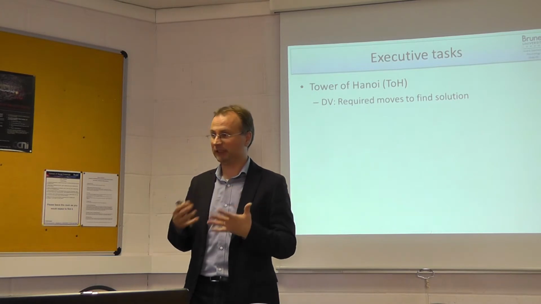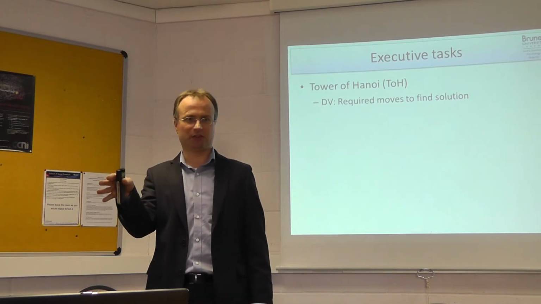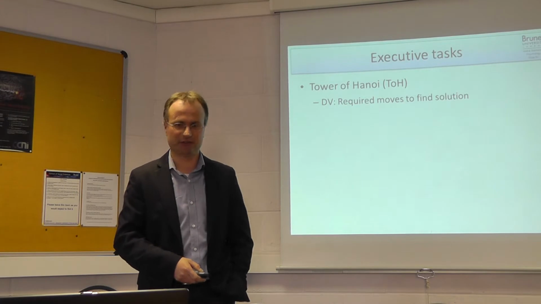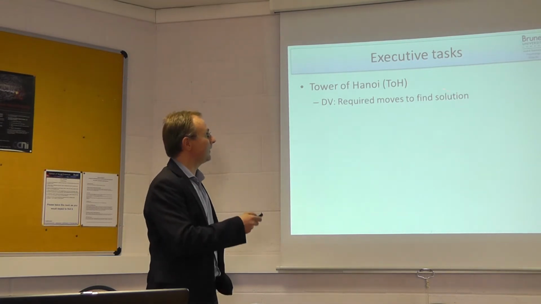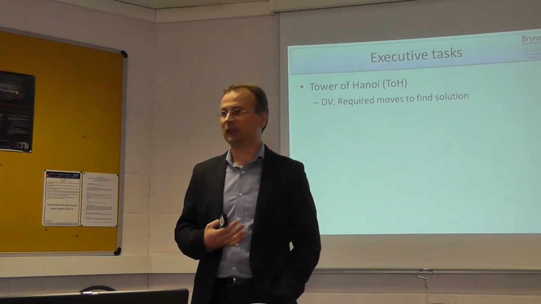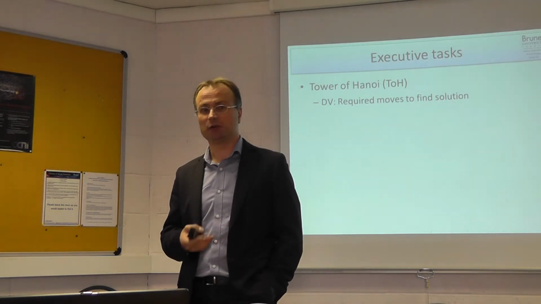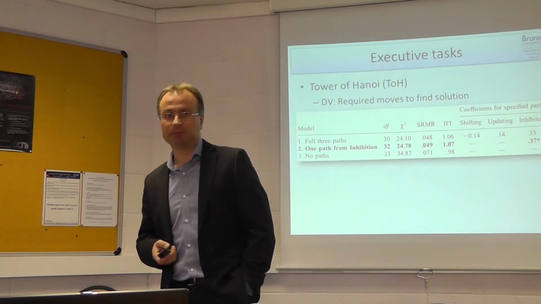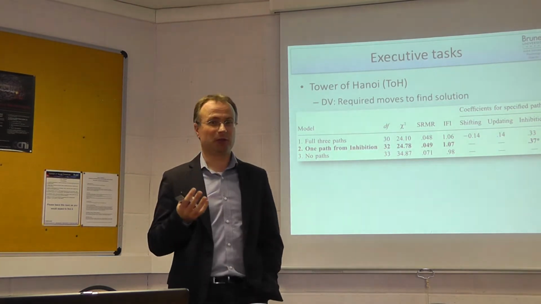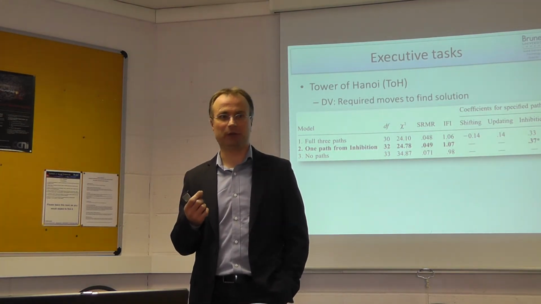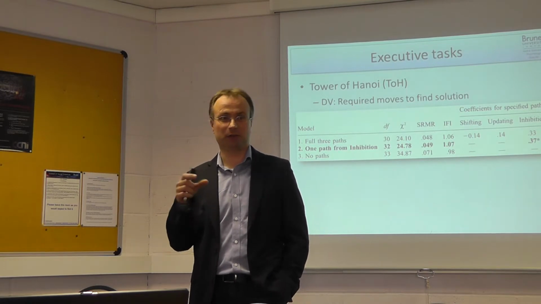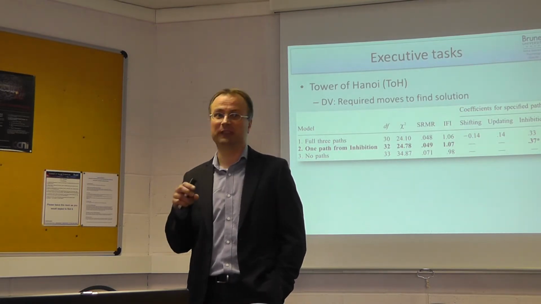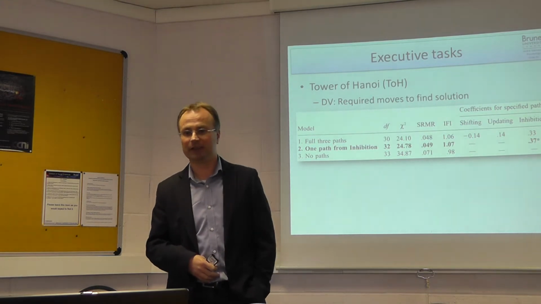So it's more complex to think about how I get to this end state of arranging disks. And the dependent variable is how many moves participants needed to find a solution. To give you an idea of the complexity, I think 15 moves were required if you are as good as it gets. So the perfect solution would have been 15 moves, not less.